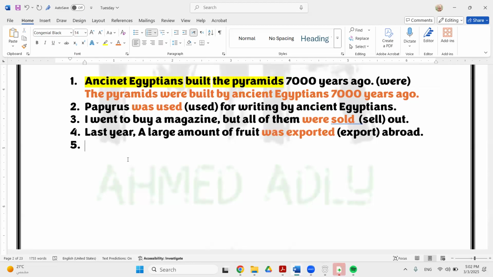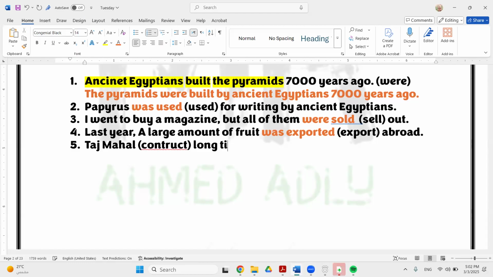Number 5. Taj Mahal, construct, long time ago.